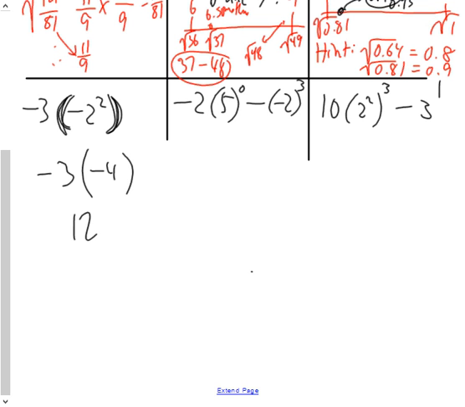My next question says -2 multiplied by 5 to the exponent of 0, take away, in brackets, -2 cubed. So if I do my exponents first, it's going to be -2 multiplied by any base to the exponent of 0 is 1. Take away. Now, because the brackets are around -2, that is defining the base as being -2.